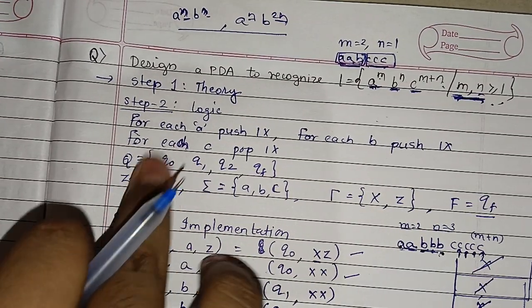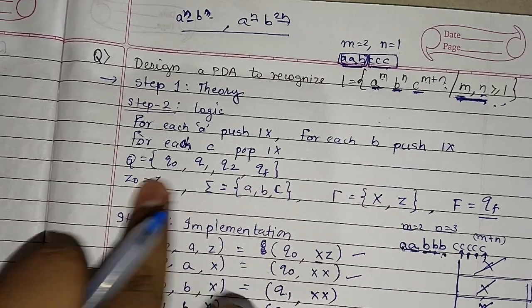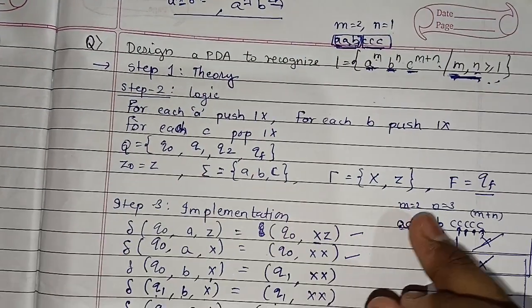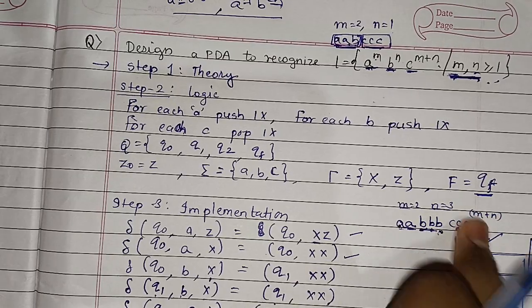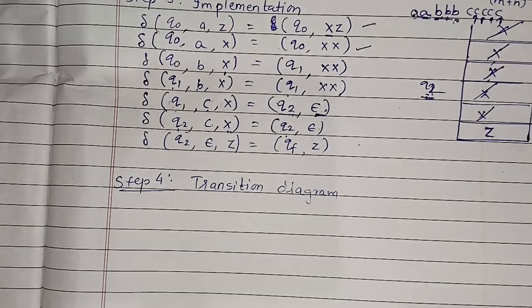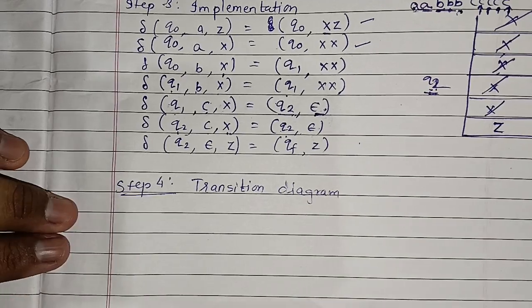This is a finite set of states, so the starting state and final state will come in this set, but I will show here that Qf is the final state. Now see, based on the implementation I will draw the transition diagram.